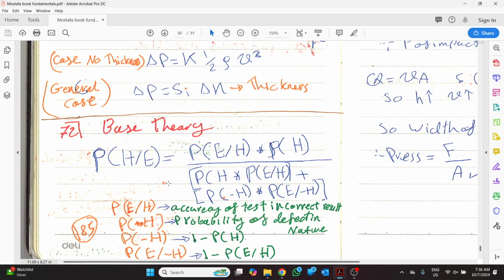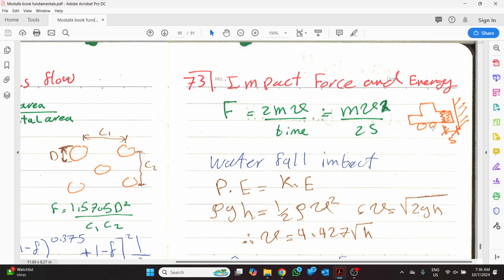You will be surprised if you start to put some numbers. Impact force and energy, very quick. If you have a car, this is just a fundamental, not CFD by the way. If the car hits the wall, the impact force is either mv² over the time of the impact, or it is mv² over 2s, where s is the compression.